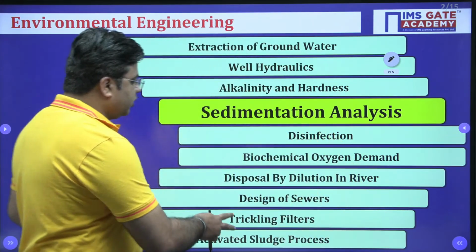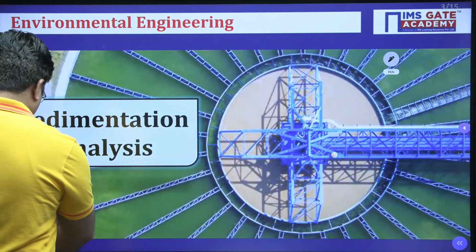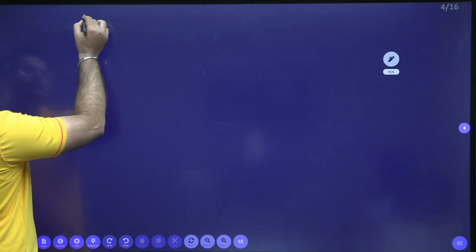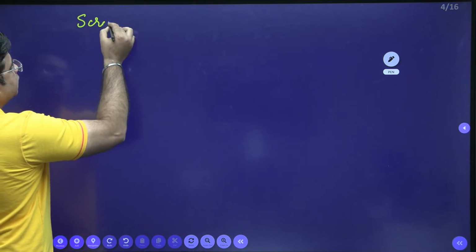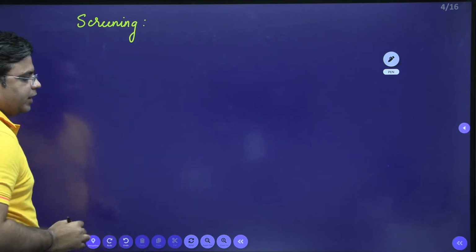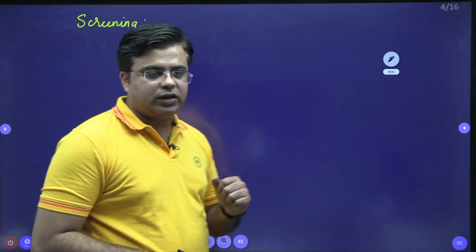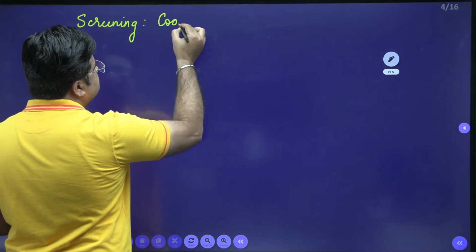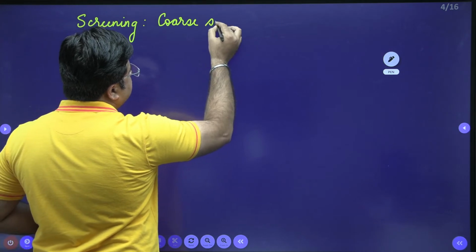The first treatment that is given to raw water is screening. Through screening, we remove the coarse suspended solids.